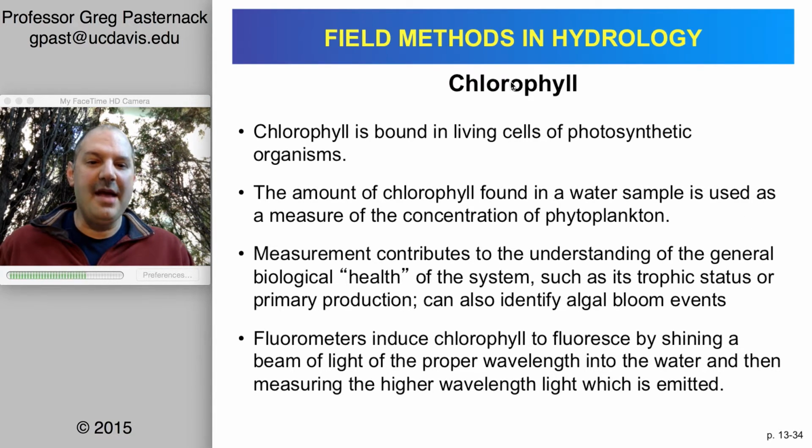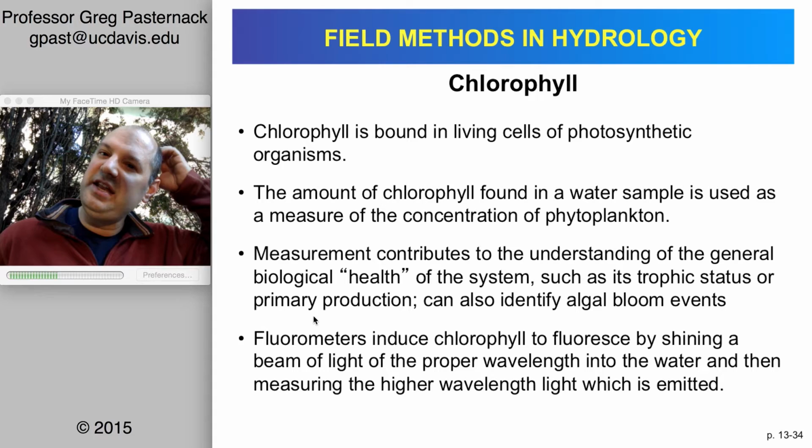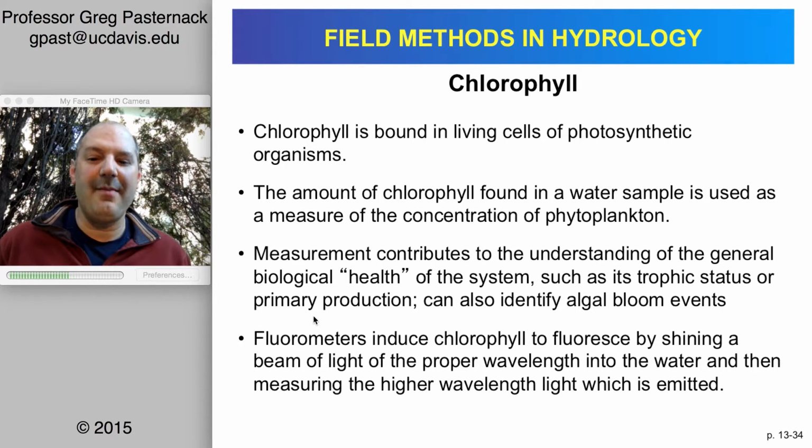And in order to measure chlorophyll, we use something called a fluorometer. I think I'm going to be coming back to fluorometers in the next presentation related to environmental tracers. But what a fluorometer does is it induces chlorophyll to fluoresce by shining a beam of light of the proper wavelength into the water and then measuring the higher wavelength light which is emitted.